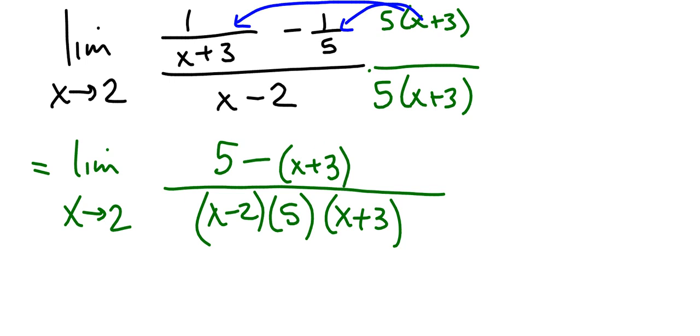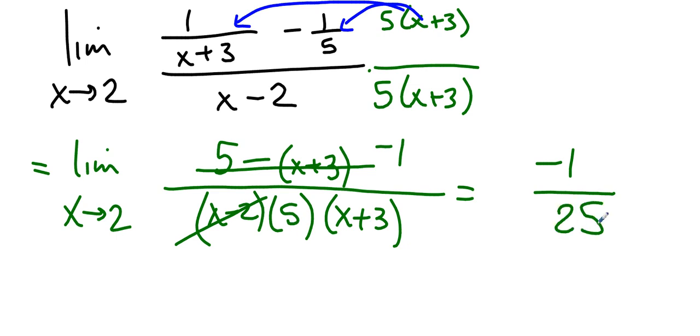Now this is 2 minus x, and this is x minus 2, which means these cancel because x is never 2, so these are never 0. But a 2 minus x and an x minus 2 leaves behind a factor of -1. So what's that limit turn out to be? If x is 2, this gets closer and closer to 5. That's always 5. 5 times 5 is 25, and that turns out to be your limit.